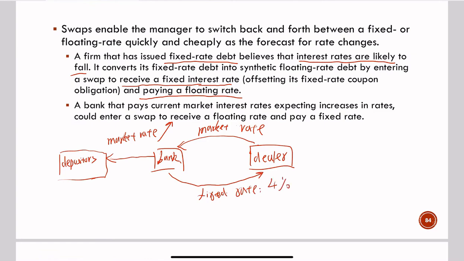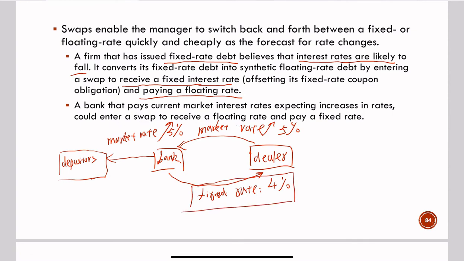And if market rate indeed increases, let's say if it increases to 5%, you can see that in this case, bank receives the interest payment from the dealer and the bank will pay out the market rate to its depositors, right? So in the end, the cost to the bank will always be 4%.